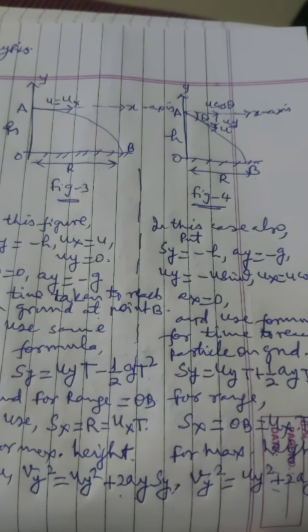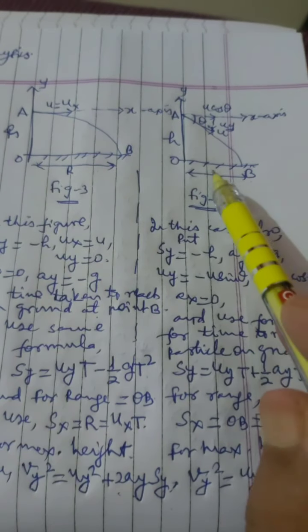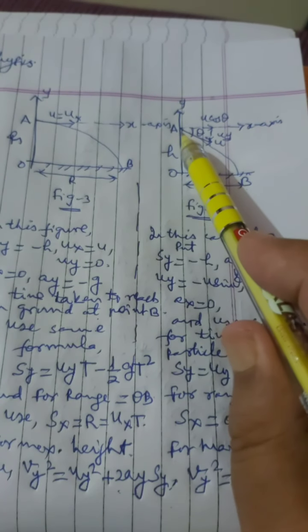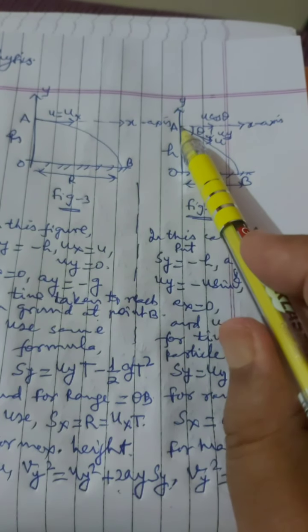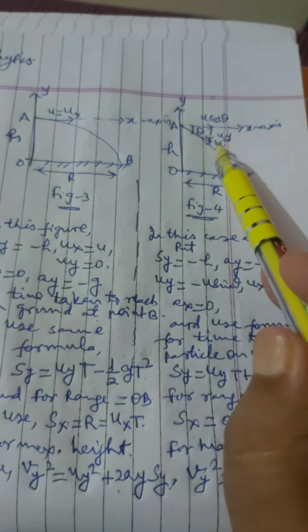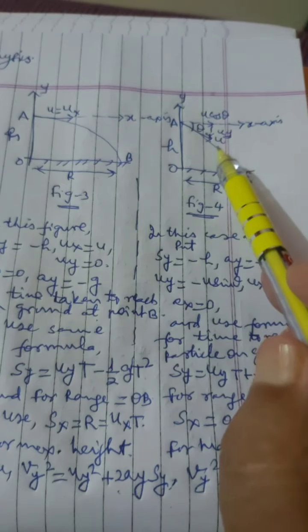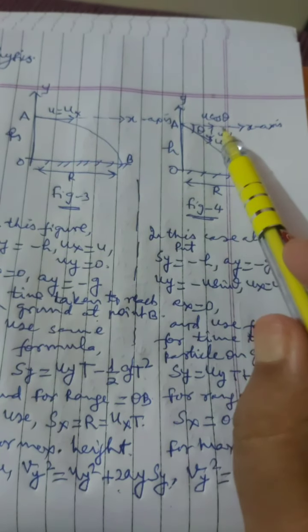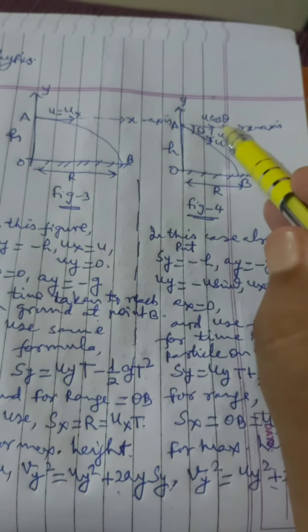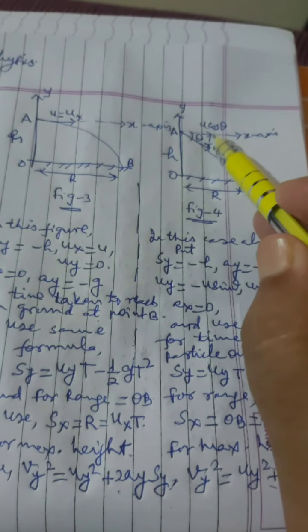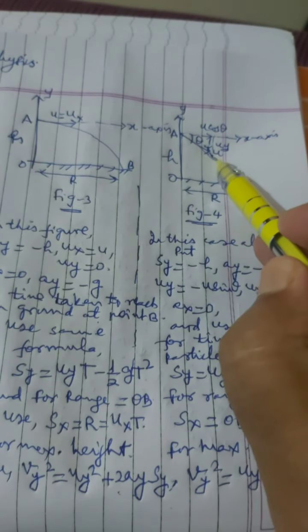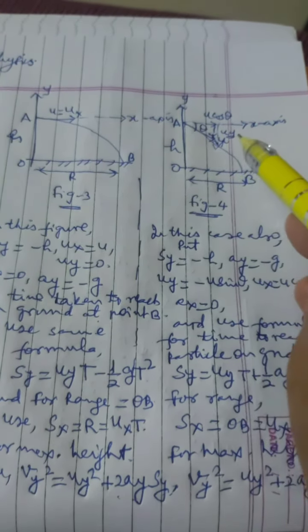In figure number 4, a particle is thrown from a height h but downward. Here the initial velocity u is downward, so resolve it into a horizontal component and a vertical component. The horizontal component is u cos theta, ux, and the vertical component is uy.